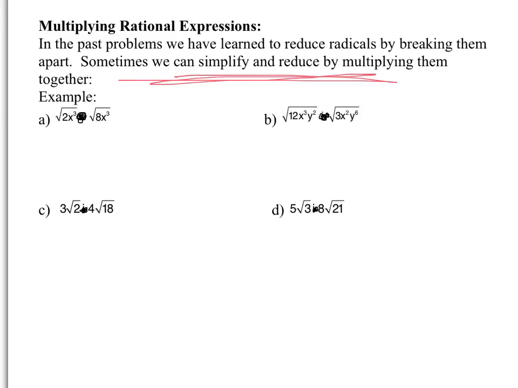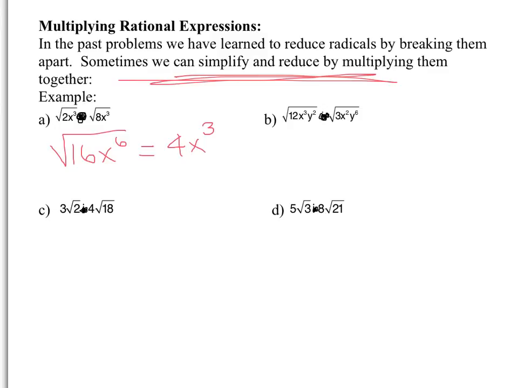The best thing to do is notice that 8 times 2 is 16, which is a perfect square. And x cubed times x cubed is x to the 6th, which is an even power, which we know how to deal with. So now we can simplify and you get 4x cubed.